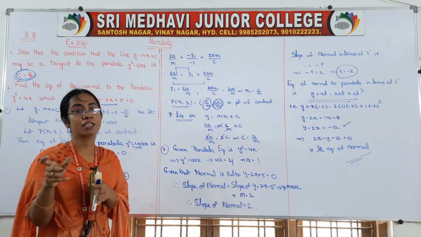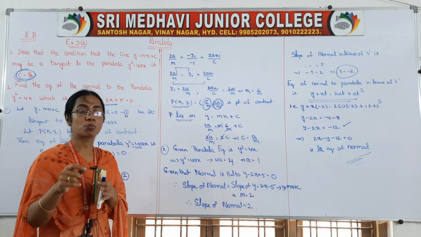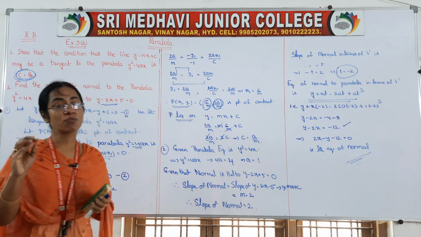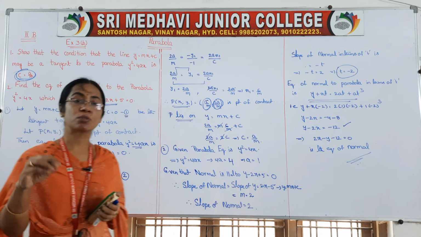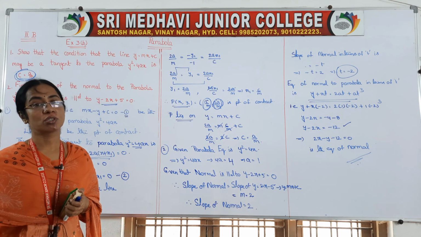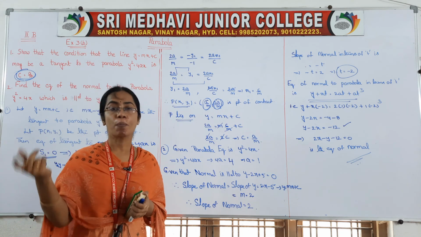Try to write that line equation in y is equal to mx plus c form, so that you can get that slope. The formula for the normal in terms of t is minus t. We got slope as 2, so minus t is equal to 2, so t is equal to minus 2.